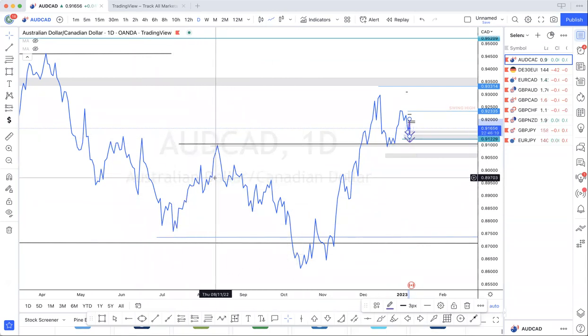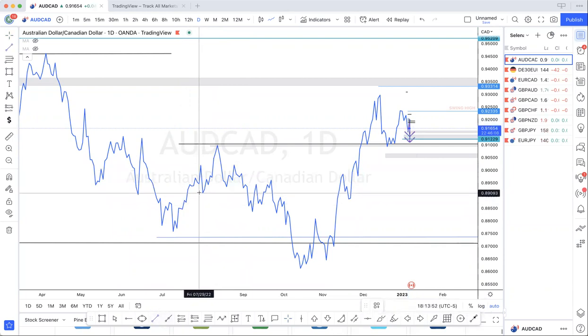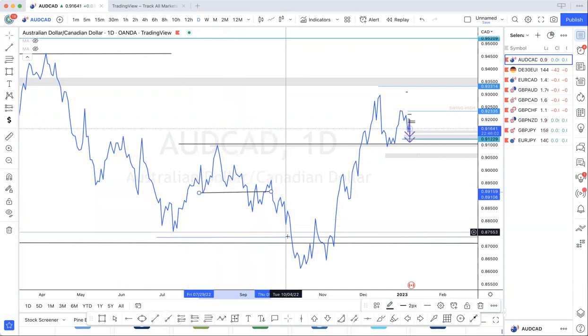Now we have a break of structure, you see this little V right here, this is a little break of structure. But this deep V right here was the break of structure. And so you got to pull back and then you can sell it back down.